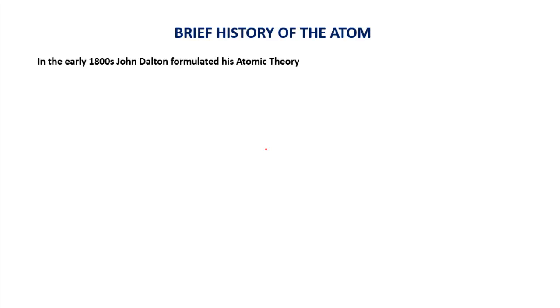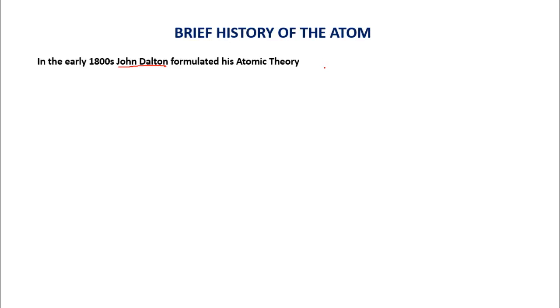Here in this video we'll discuss the brief history of the atom. We know that it is John Dalton who in 1800 put forward a theory called Dalton's atomic theory.